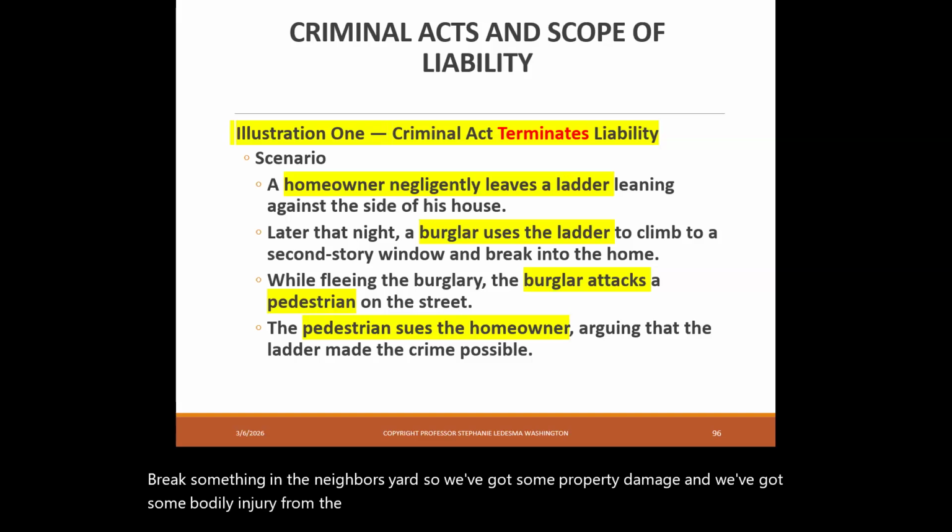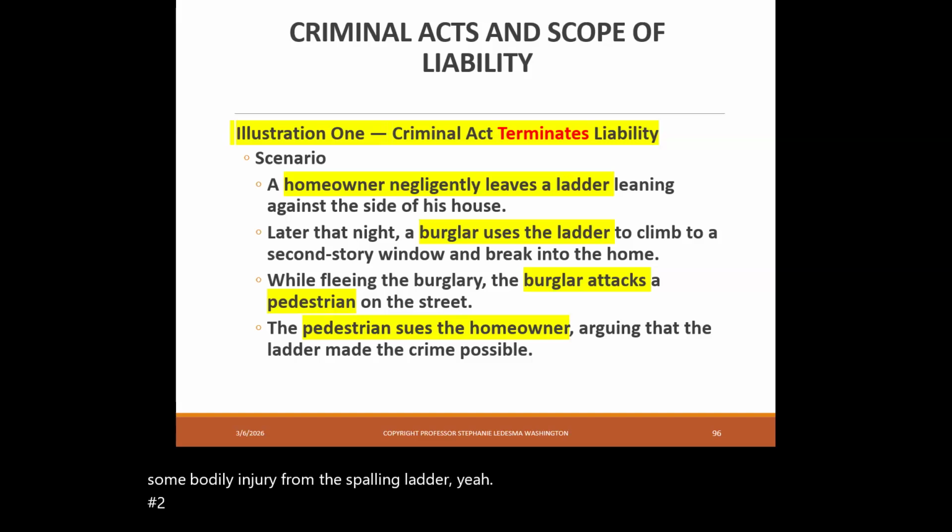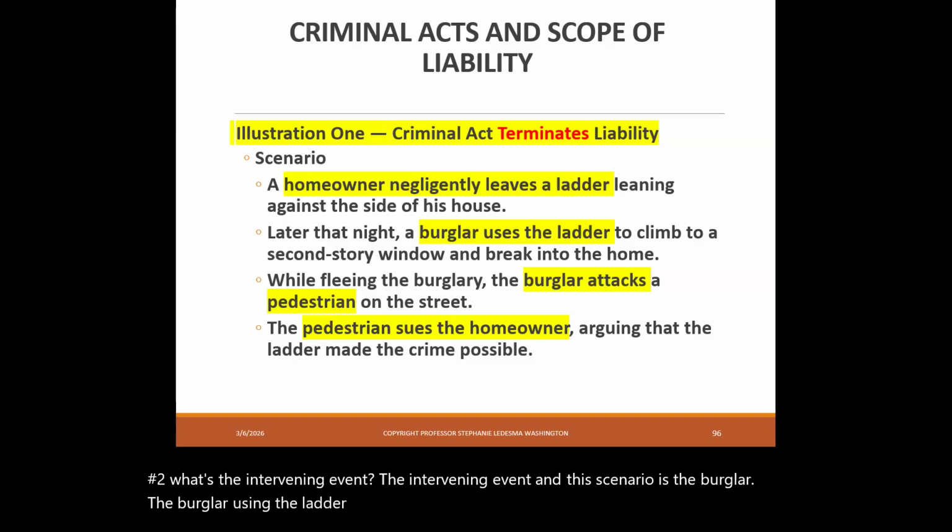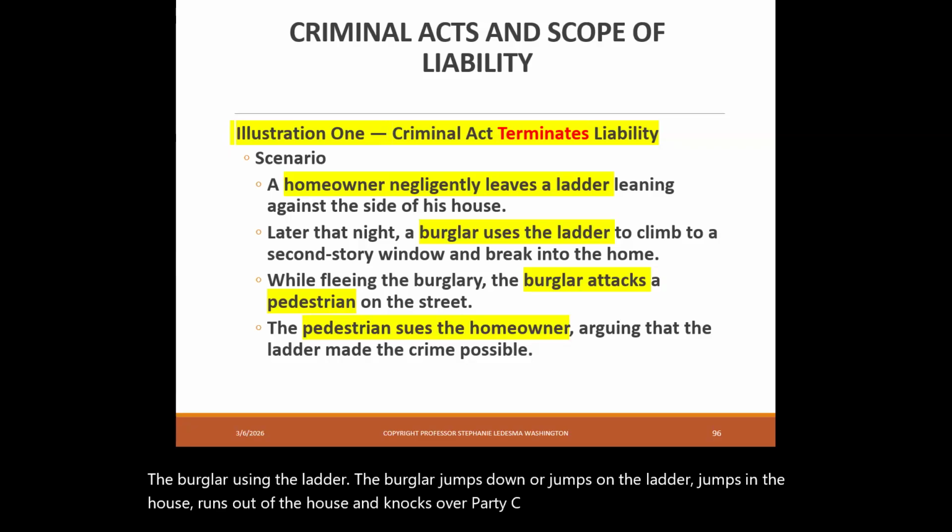Number 2, what's the intervening event? The intervening event in this scenario is the burglar. The burglar uses the ladder, jumps in the house, runs out of the house, and knocks over party C, this pedestrian, right?